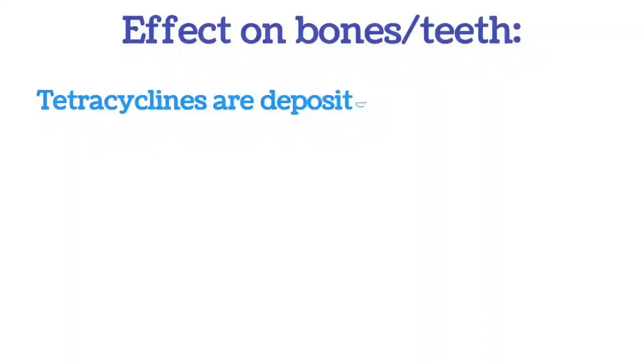They form tetracycline calcium orthophosphate complex, which inhibits calcification, e.g. hypoplastic dental enamel, and results in permanent discoloration, first yellowish then brownish, of the teeth.